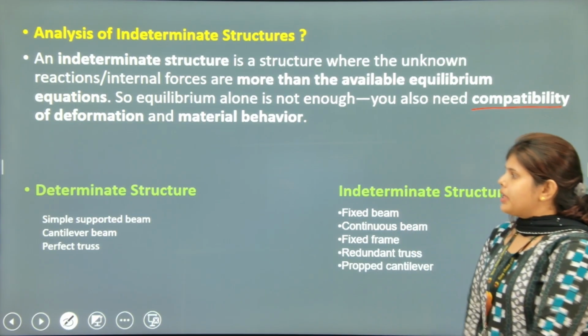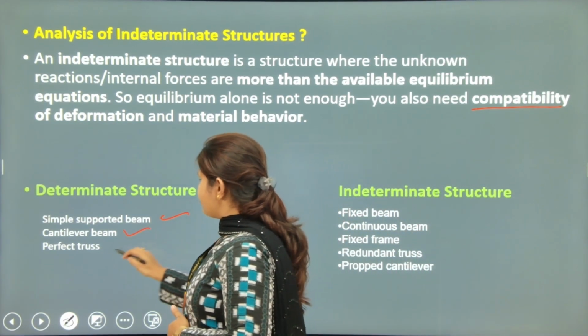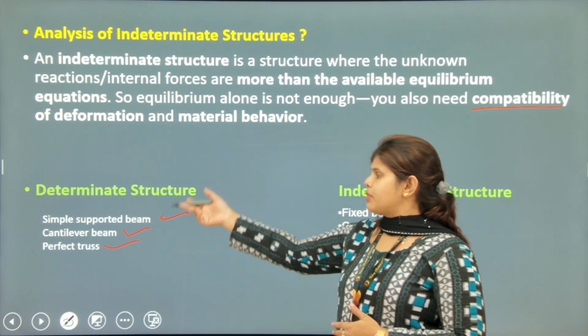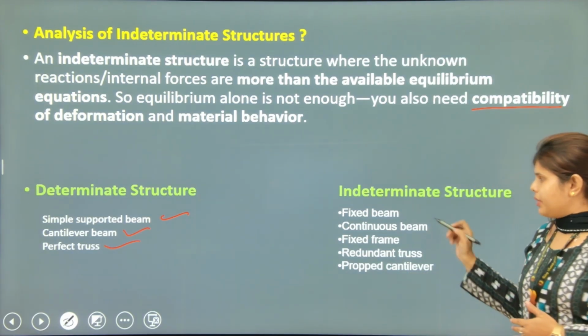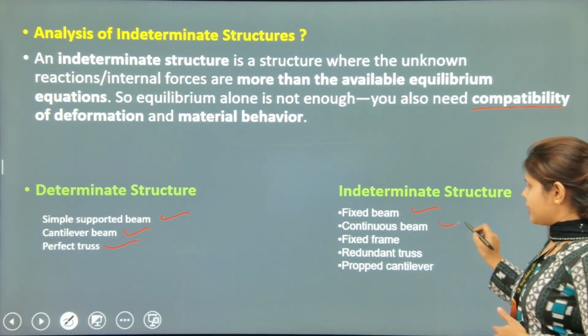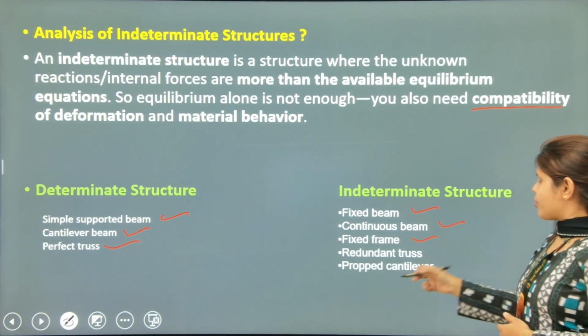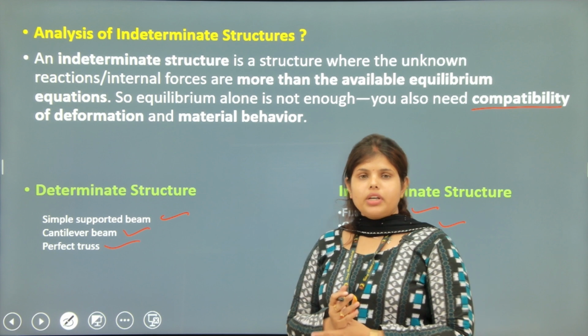Some determinate structures are the simply supported beam, cantilever beam, and perfect truss. But we cannot always have a simply supported beam, cantilever and truss. So, for structures like the fixed beam, continuous beam, fixed frame, redundant truss, and propped cantilever, we need to use different methods.